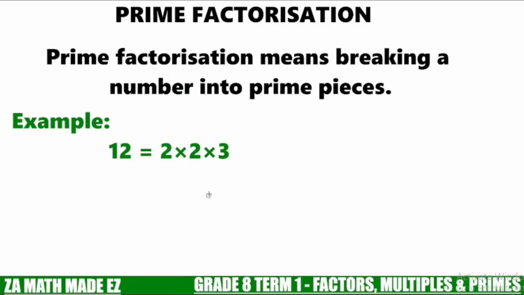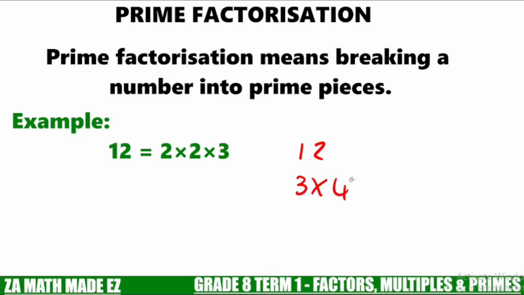Prime factorization. Prime factorization means breaking a number into prime pieces. For example, 12 is equal to 2 times 2 times 3. These are all prime numbers. Every number can be broken into prime building blocks. Let's take 12 for example. 12 can be broken up into 3 times 4.